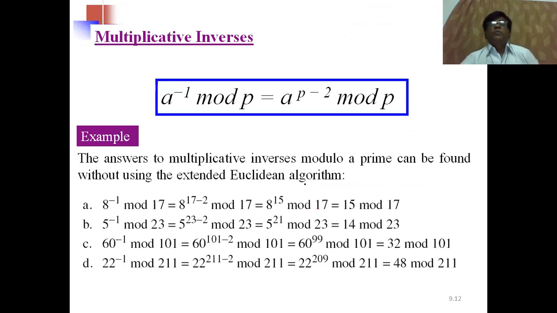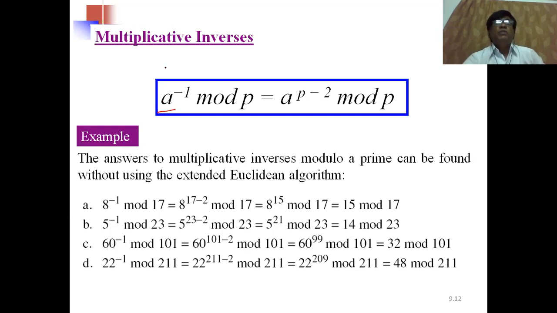And by using this relation, sometimes in cryptography we need to calculate the multiplicative inverse of some number. So by using the previous relations, we can calculate the multiplicative inverse of any number A. A power minus 1 means multiplicative inverse.